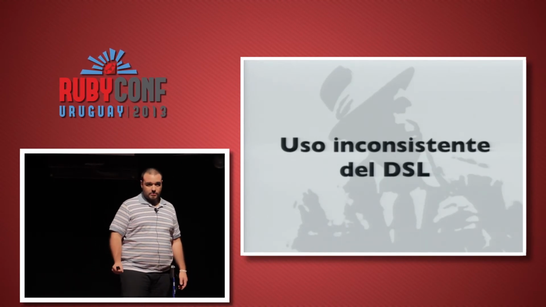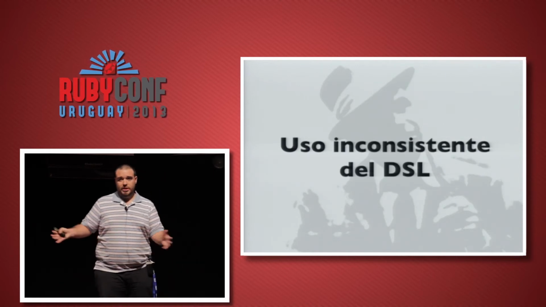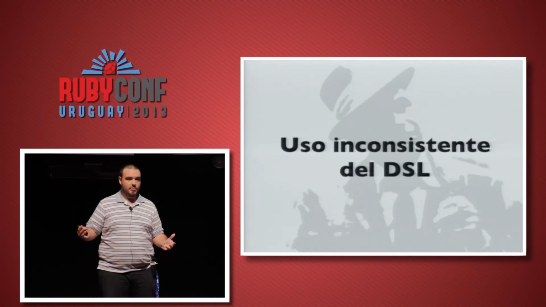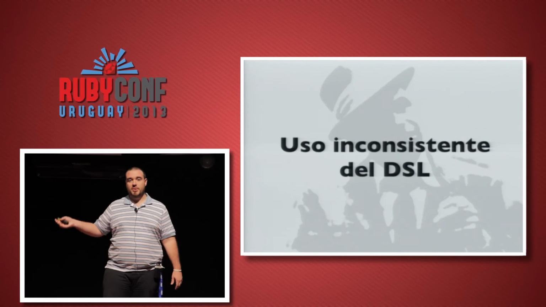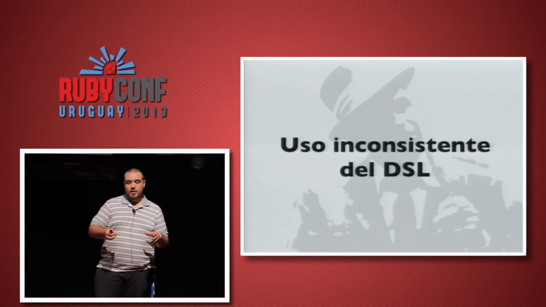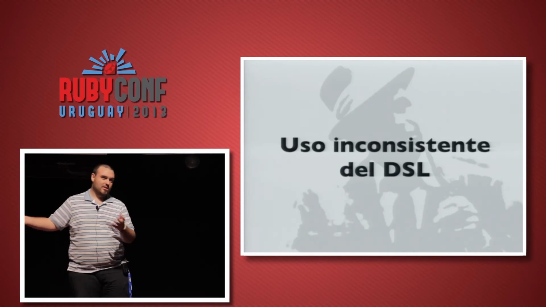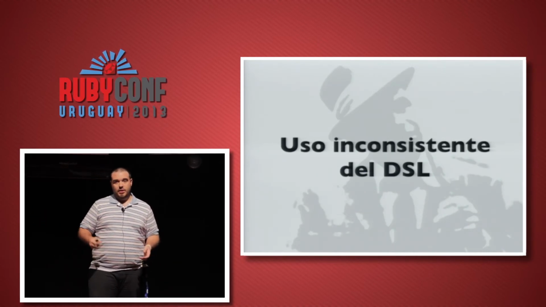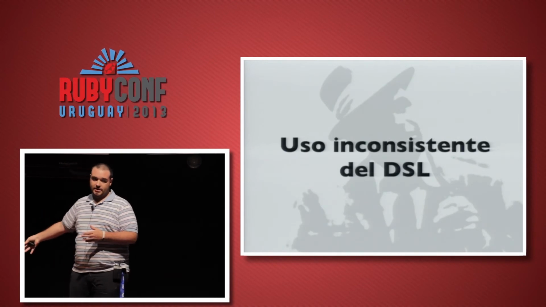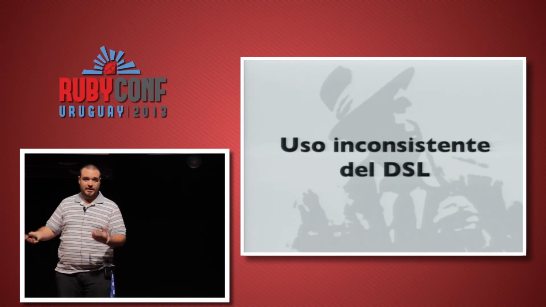The inconsistent use of DSL. We can have many files, and for instance, we use rack mount or a web app. And what we do then is say, well, when we get to this URL, it will be attended by this class, and when another URL comes in, by this other class.